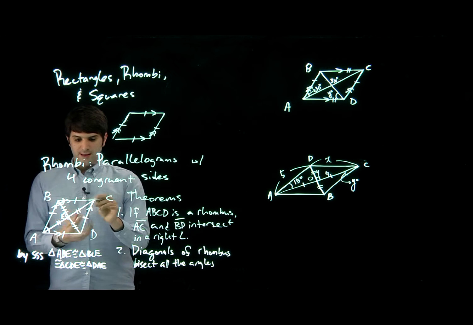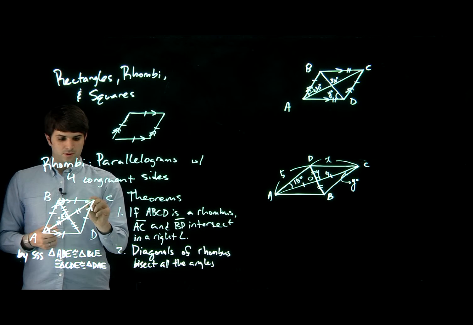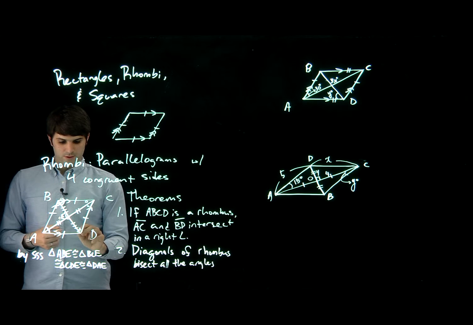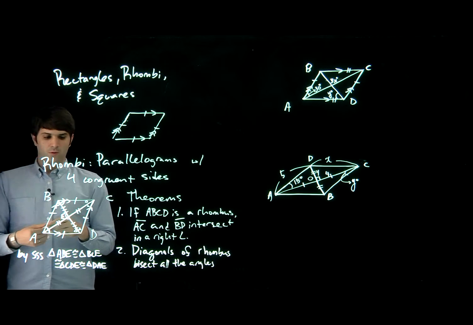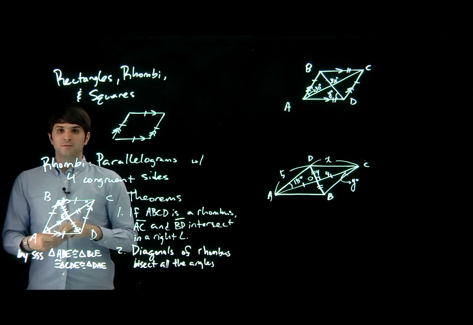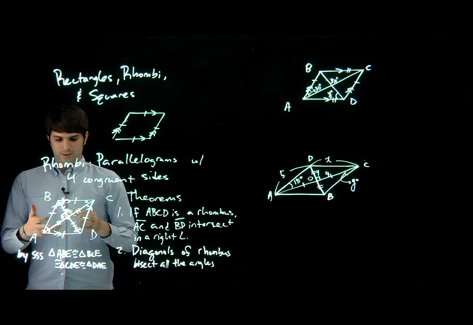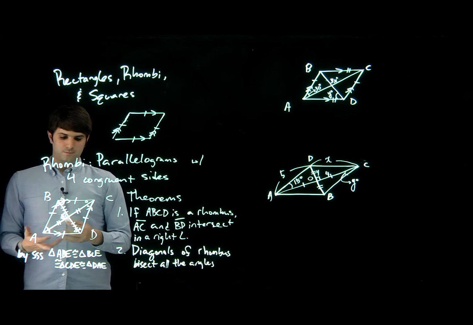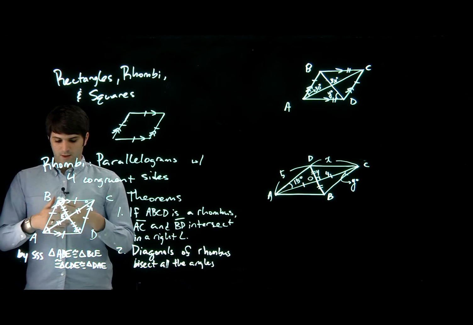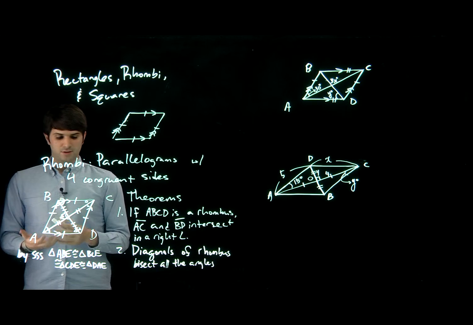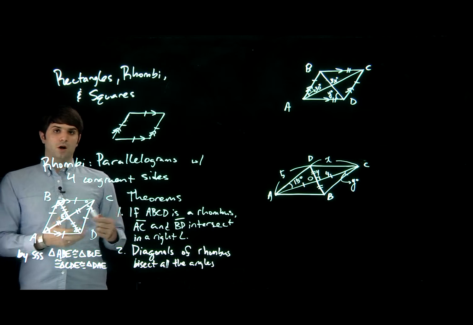All the angles have been bisected. These are congruent and these are congruent, all due to the fact that we have congruent triangles by SSS. So both of these theorems are true.